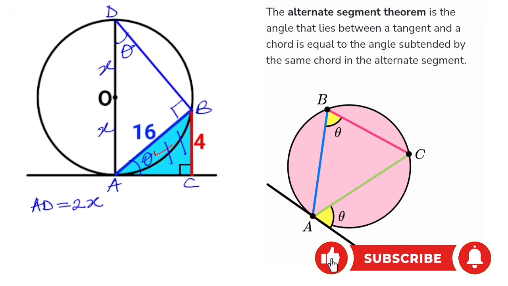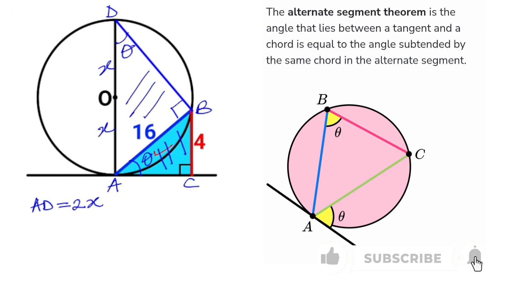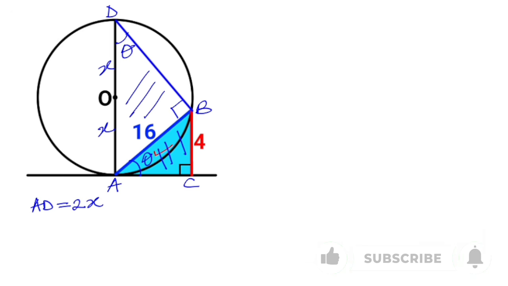Now, comparing triangle ABC and triangle ABD, observe that two angles of these triangles are equal. Therefore, we conclude that triangle ABC is similar to triangle ABD.